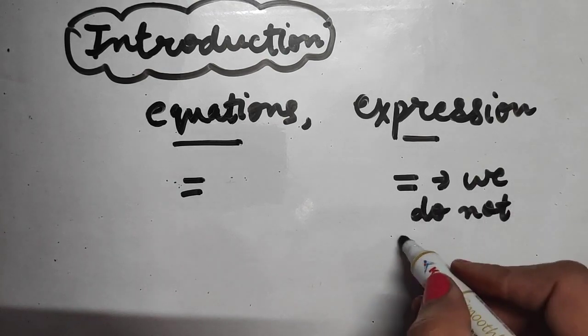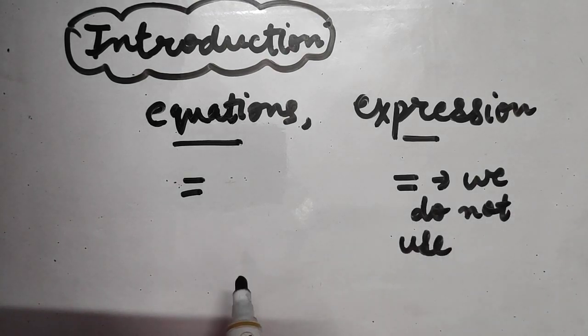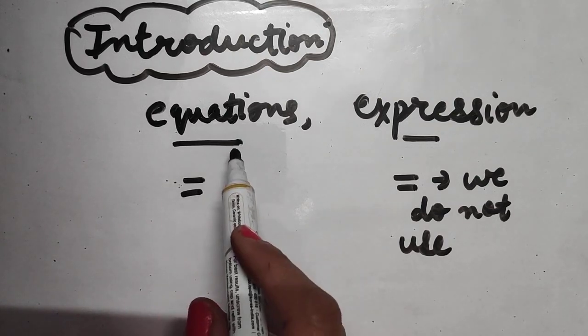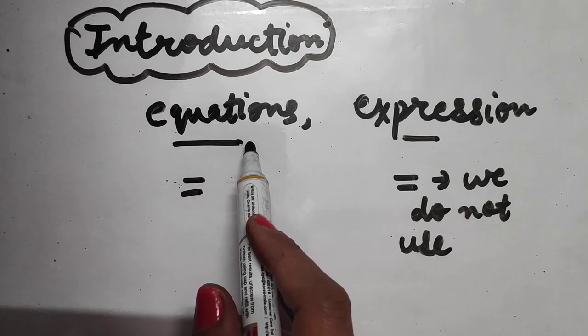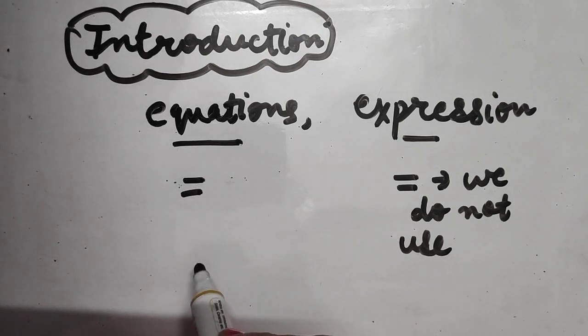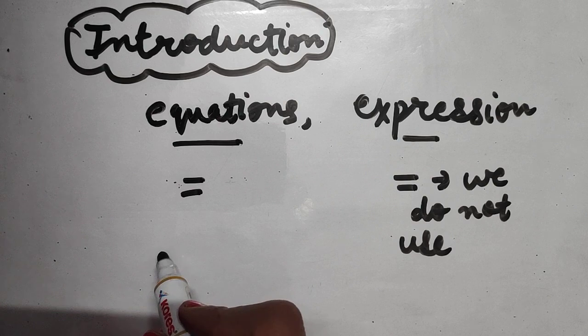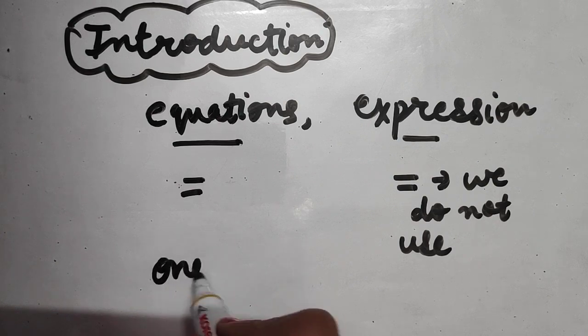Other difference can be in equations, however, there may be more than one variable, but in this chapter number 2, linear equations in one variable, as the name of the chapter also indicates, we are supposed to deal with only one variable.